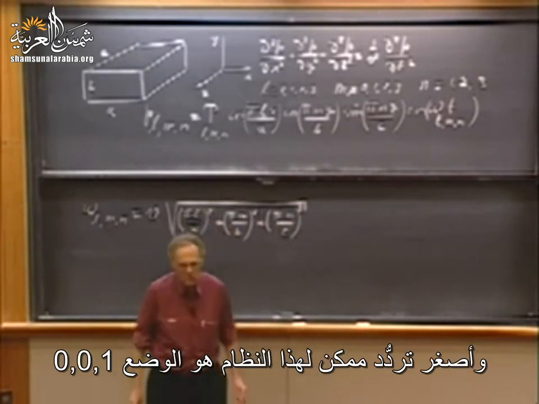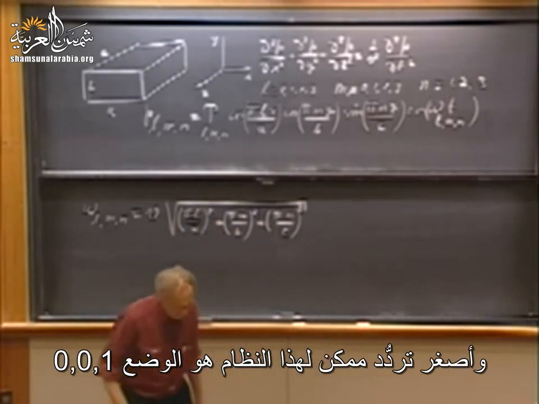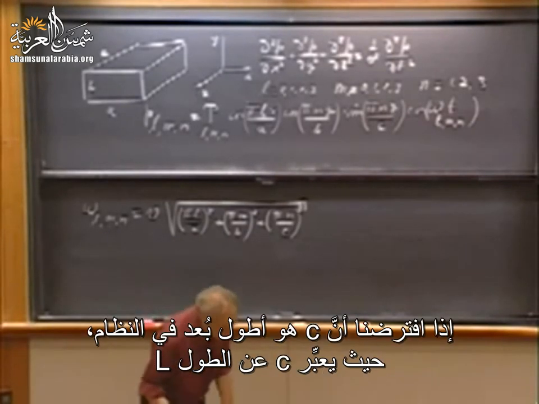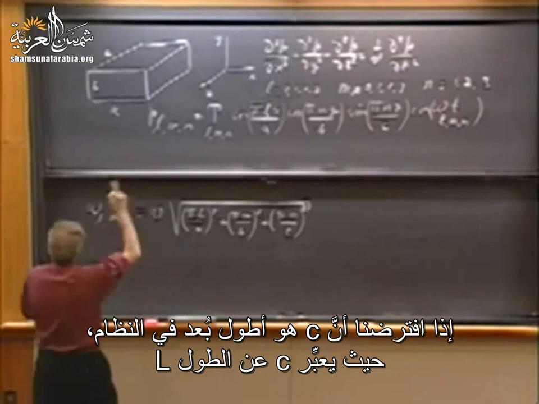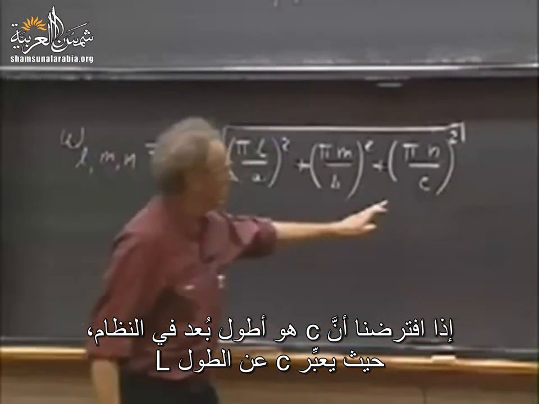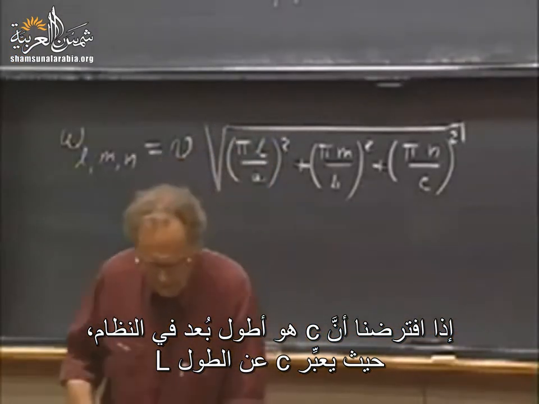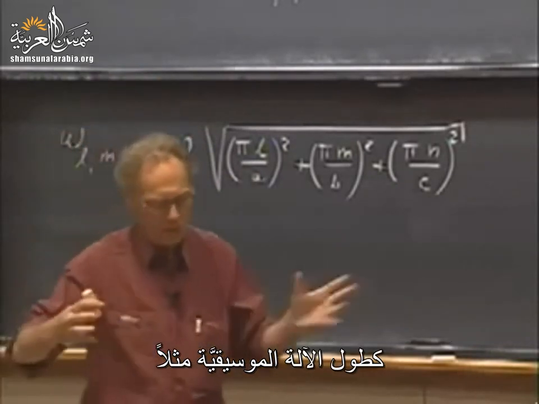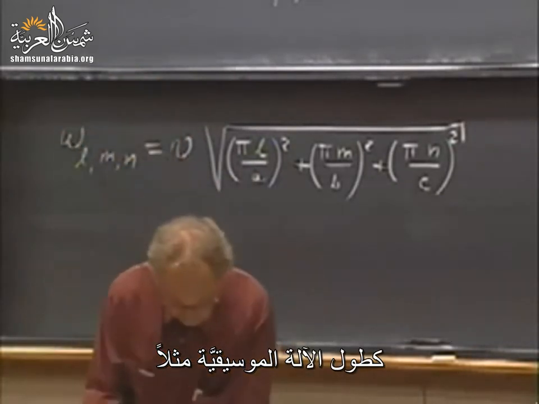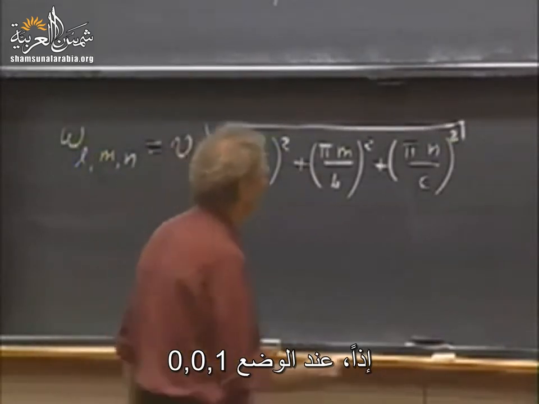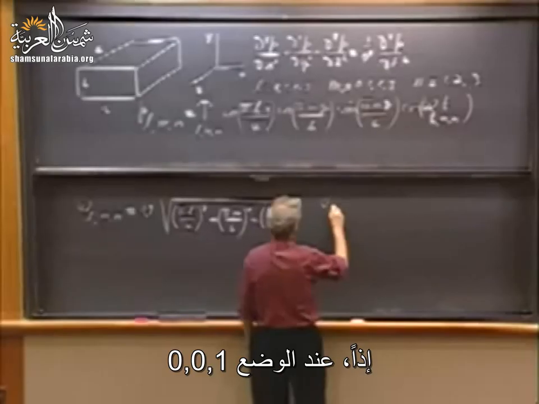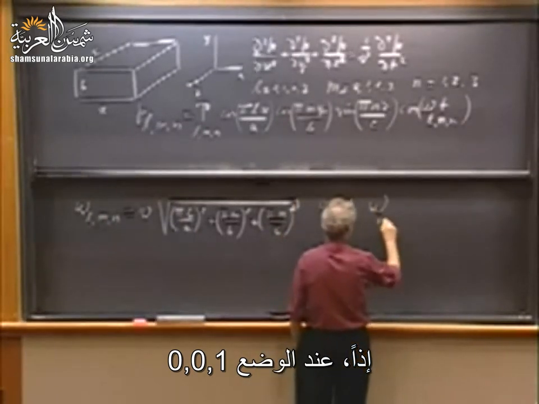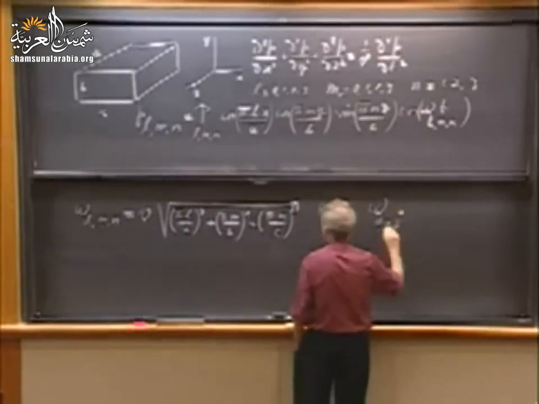And so the lowest possible frequency for this system is the 0, 0, 1 mode. If I assume that C is the largest dimension in the system, so that's the length L. I didn't put the length in there, but C is sort of the length of my musical instrument. So you'll get then that the 0, 0, 1 mode would give me then omega 0, 0, 1.